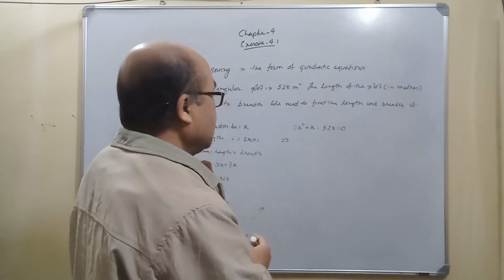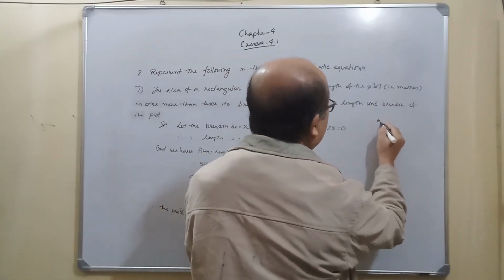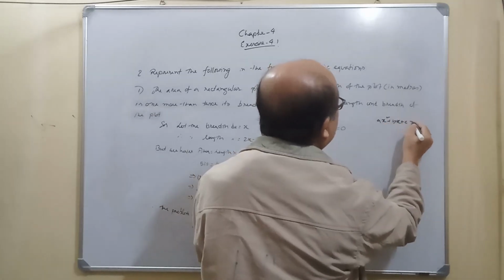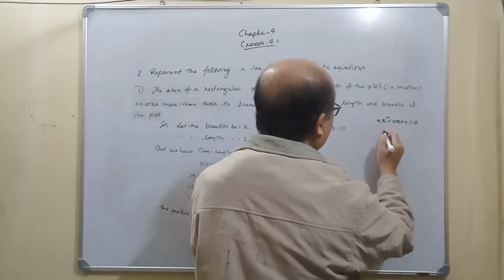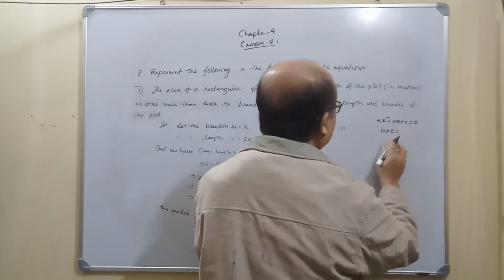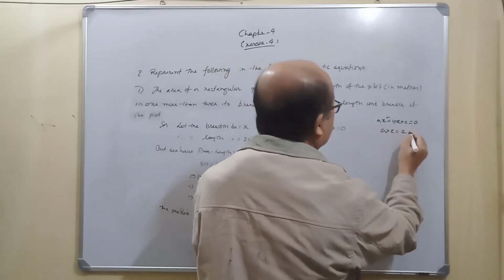So what does factorization say? This is in the form ax square plus bx plus c is equal to 0. So we need the product of a and c.